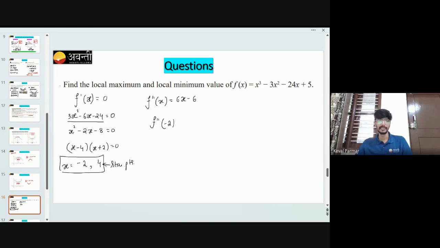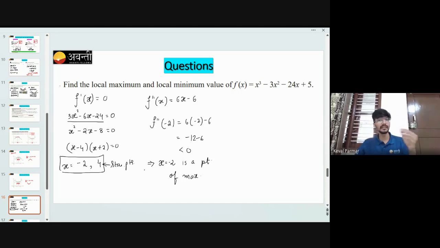If I put minus 2, I get 6 into minus 2 minus 6, which is minus 12 minus 6. I am not interested in the answer, just whether it is positive or negative. And if it is negative, that means maxima. So x equal to minus 2 is a point of maximum value.